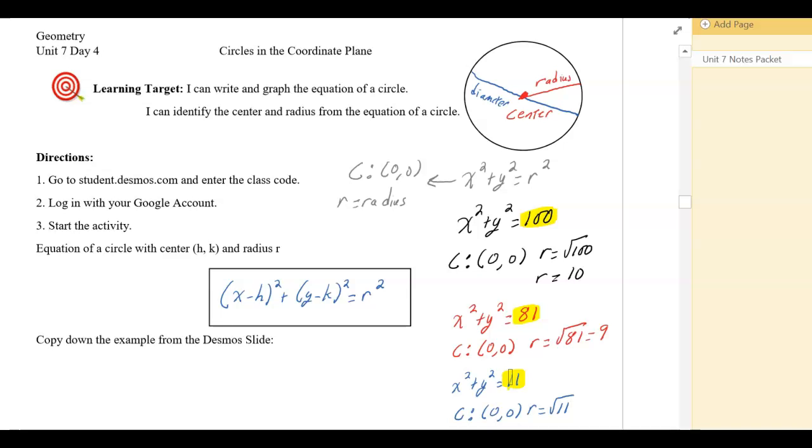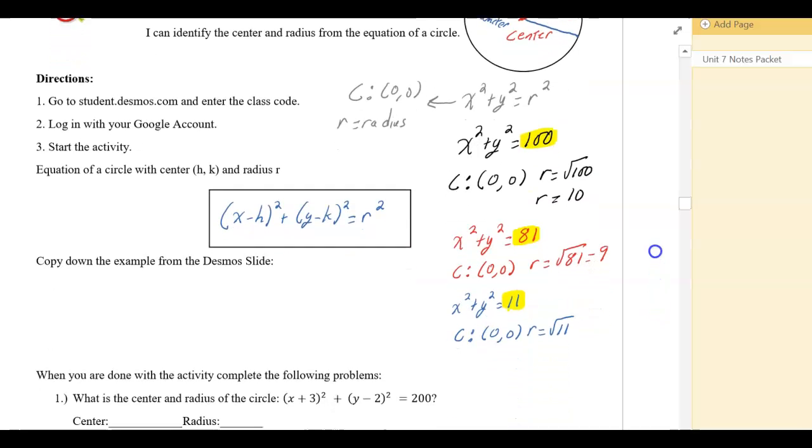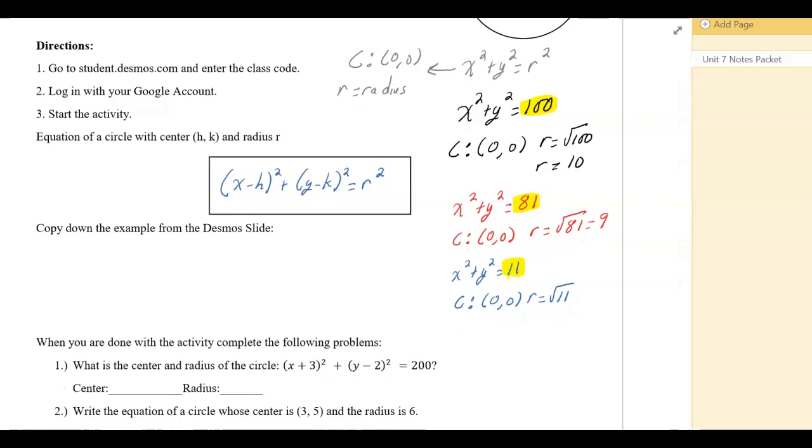Then if we move away from the center being (0, 0), this green highlighted equation is the generic formula for the equation of a circle. Some people call it the standard form of a circle.